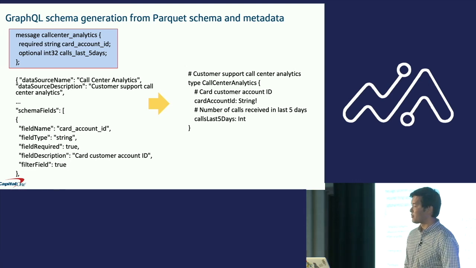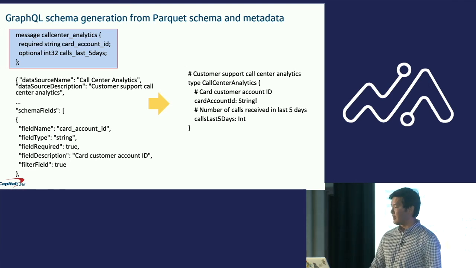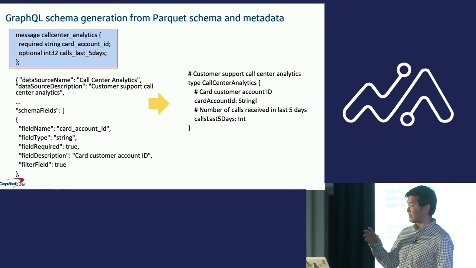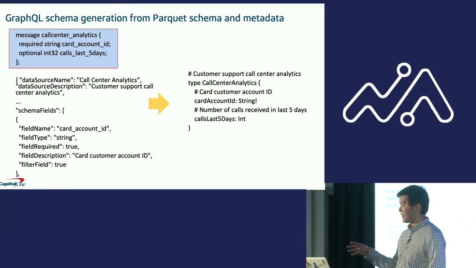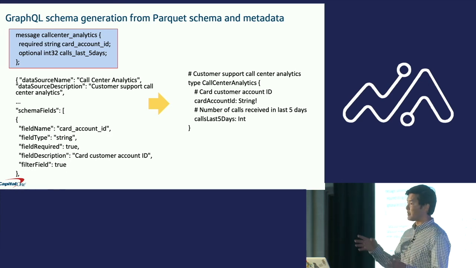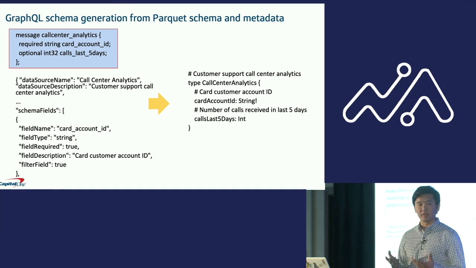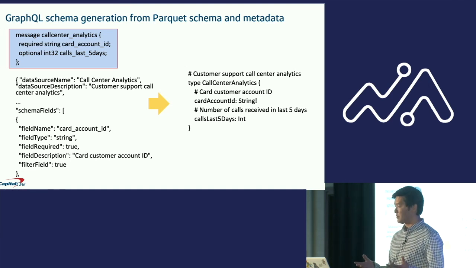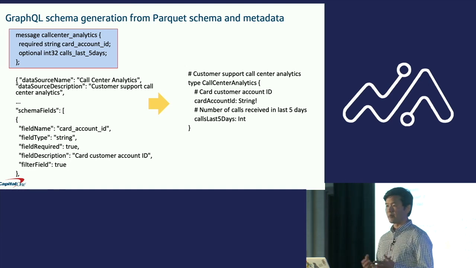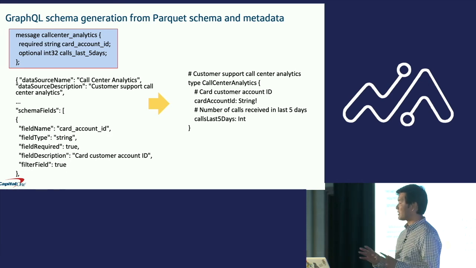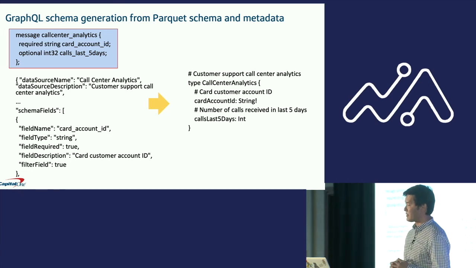So here's an example of Parquet data that could be onboarded onto a gateway directly without building any sort of GraphQL endpoint yourself. Parquet data, as you might know, is a columnar data format. It looks like a table, and it's very popular amongst data scientists and data engineers, especially in the big data space.